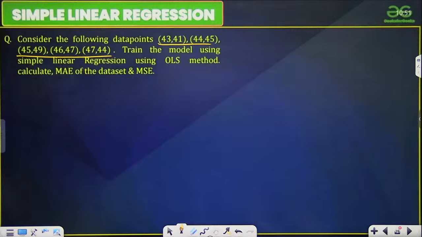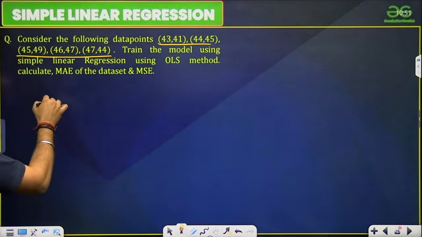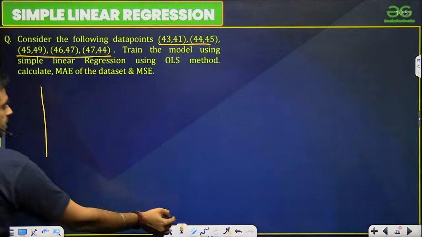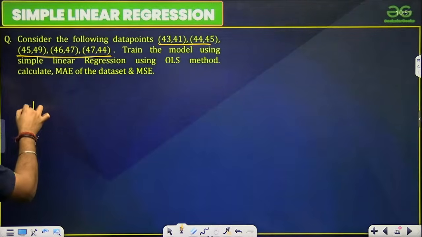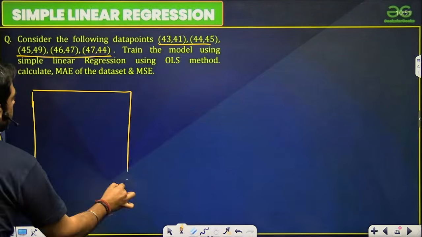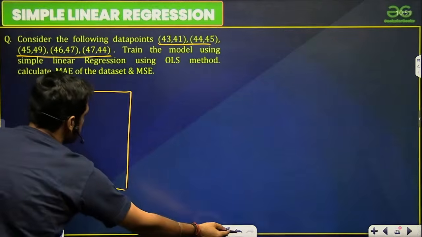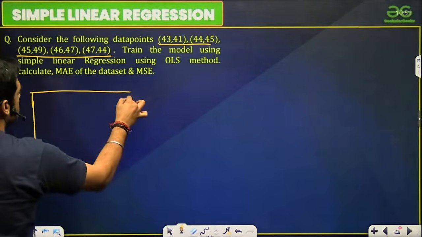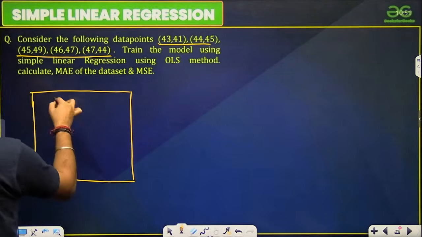So data point 43, 41. What exactly do these points signify? These are the values of x and y.